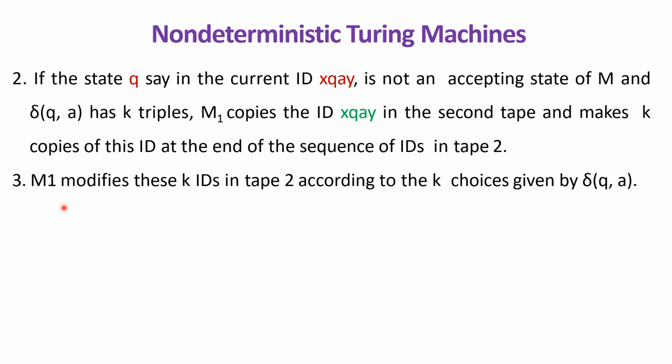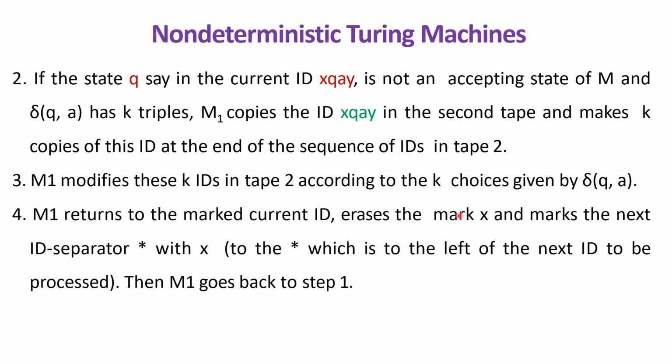Then M1 modifies these K IDs in tape 2 according to the K choices given by delta of Q, A. M1 returns to the marked current ID, erases the mark X and marks the next ID separator star with X. Then M1 goes back to step 1. So this is how non-deterministic Turing machine works.